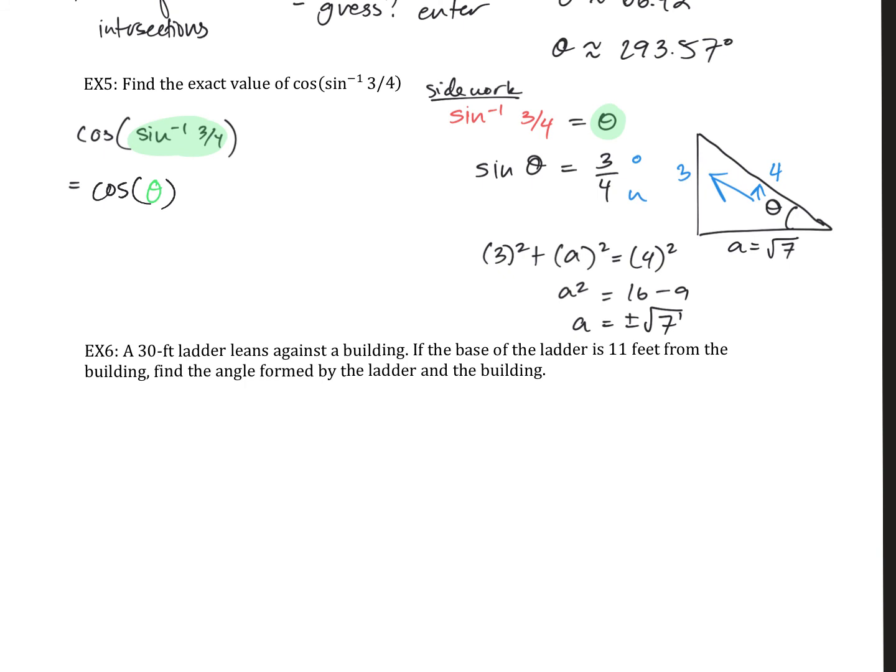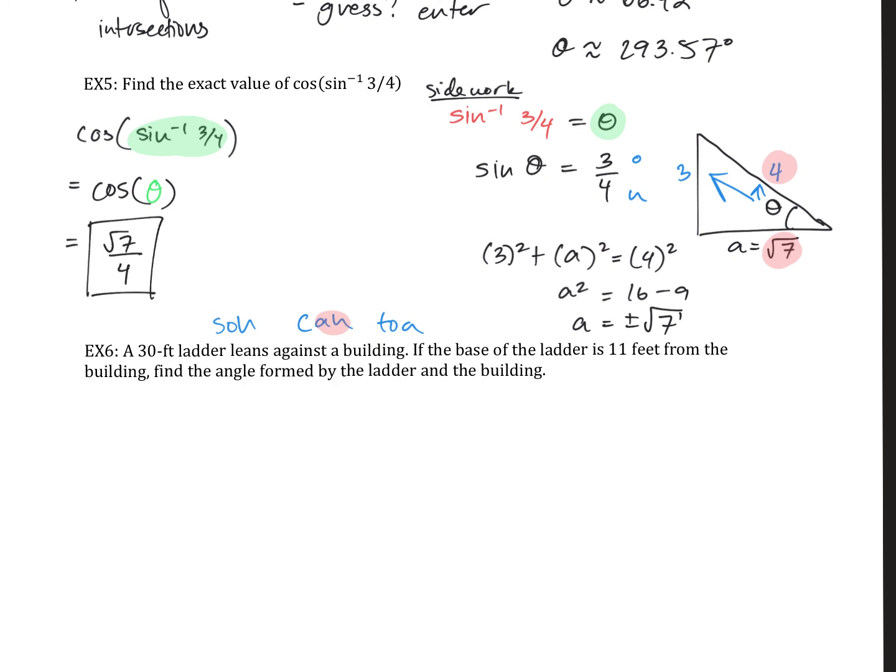We're using a substitution. Well then, what is cosine of theta? Recall, SOHCAHTOA: cosine is adjacent over hypotenuse. So what are the adjacent and hypotenuse values? Adjacent over hypotenuse, and there we have root 7 over 4.